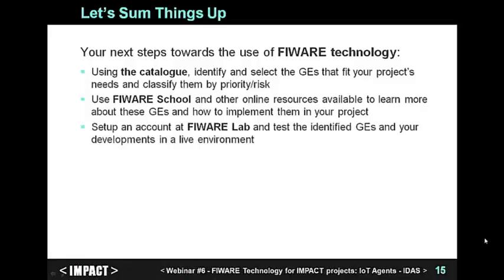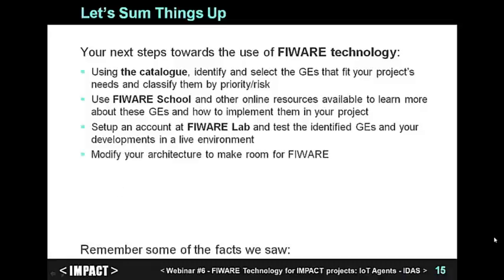Then set up an account at Fiware Lab. Ask for a community account. When you're in Impact, you get one of these automatically, and test all the GEs that you've identified and begin playing with them.